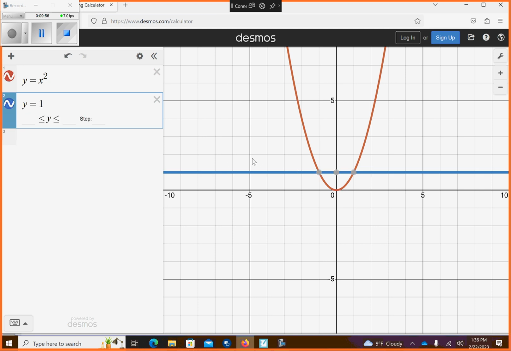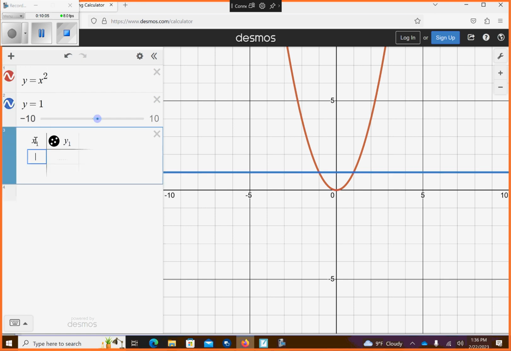That's basically what's taking place. And then, I'm going to just show on the table. So that black dot right there is where this graph is not going to exist.